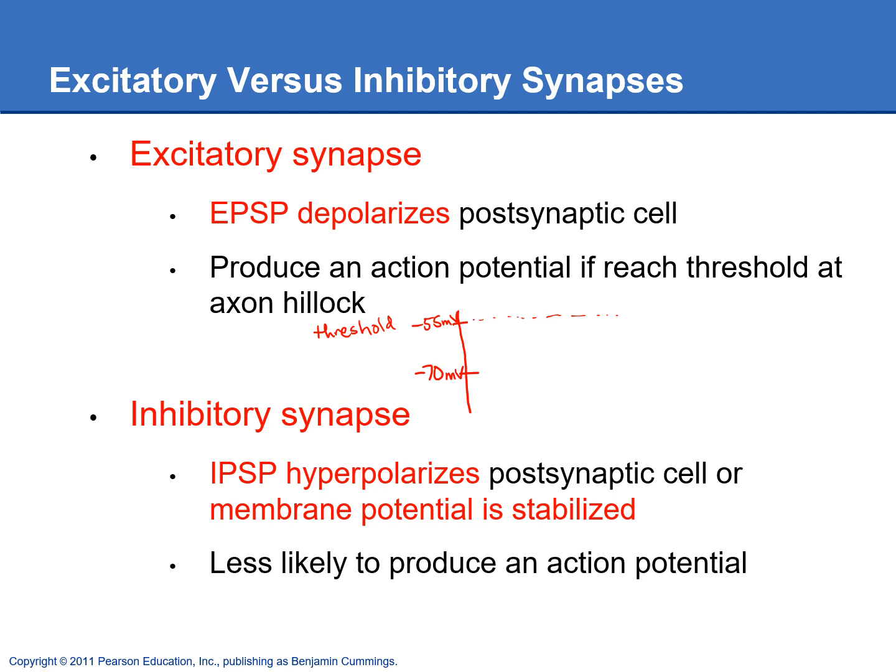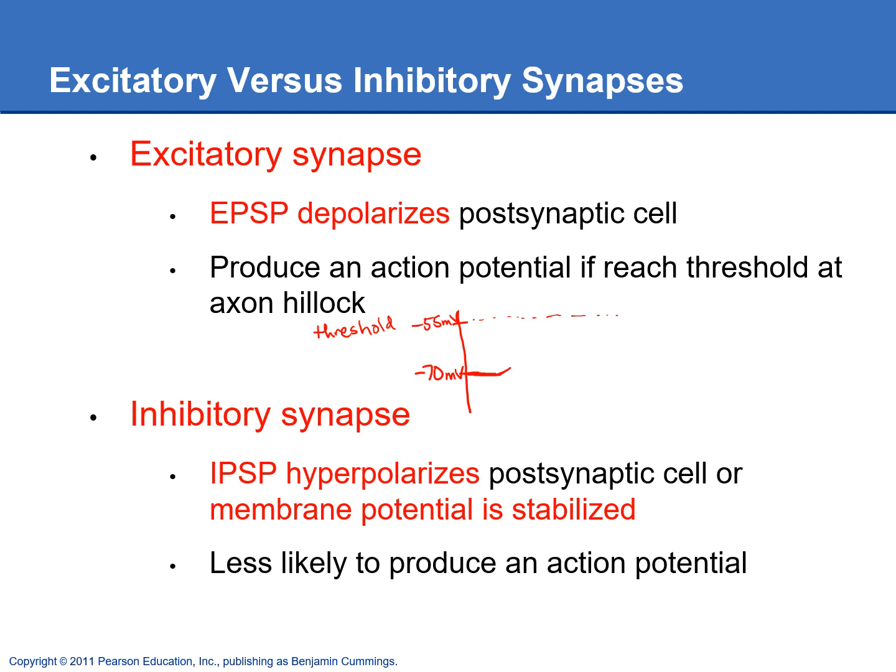Okay, so we've got our EPSPs and IPSPs. So what they're going to be doing, the EPSPs are going to be depolarizing that postsynaptic neuron. So we would have our resting membrane potential here at minus 70 millivolts in that postsynaptic neuron. And if we had an EPSP produced, we would have a depolarizing graded potential.